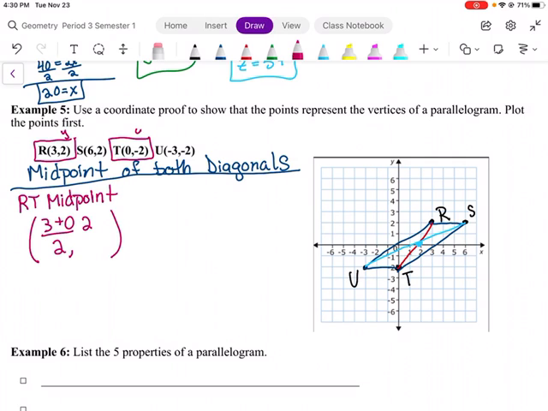And that would be 2 plus negative 2 divided by 2. Then we can simplify. 3 plus 0 is 3, which gives us the fraction of 3 over 2. 2 plus negative 2 is 0. So now we have the midpoint of RT. We're going to find the midpoint of US and see if that is the same.